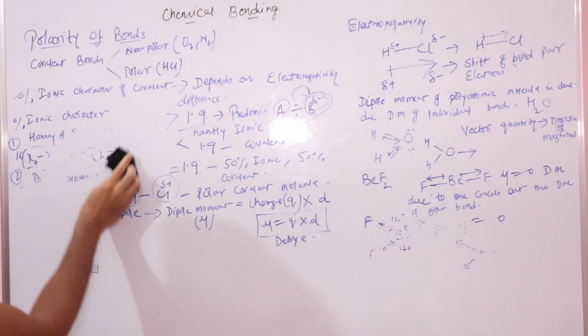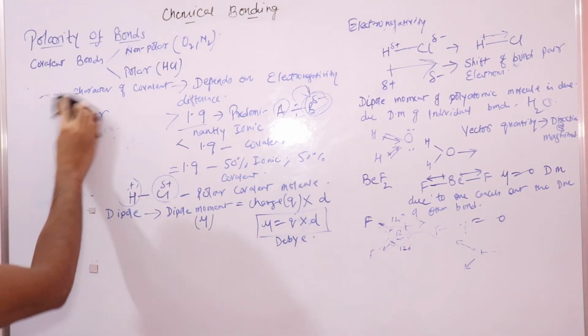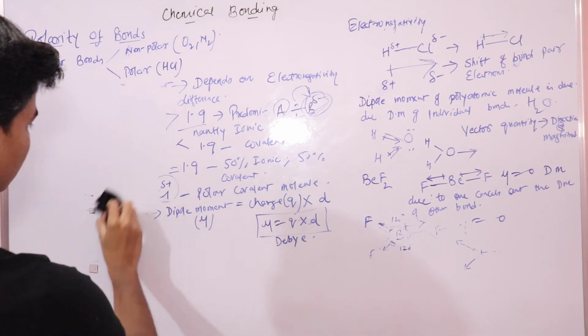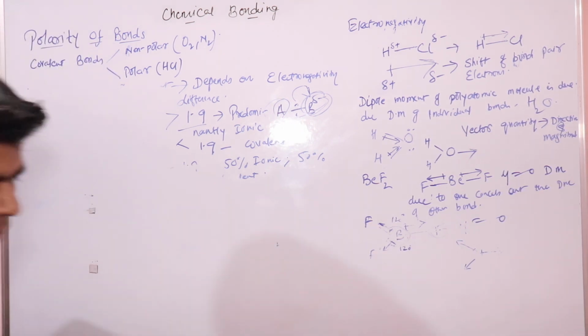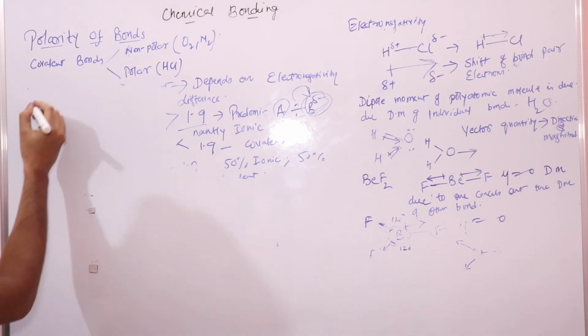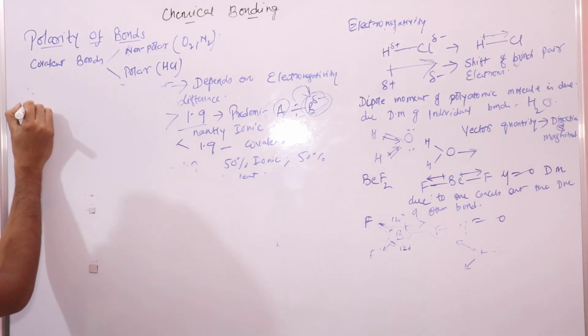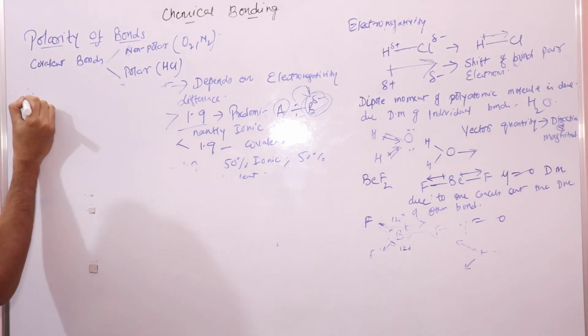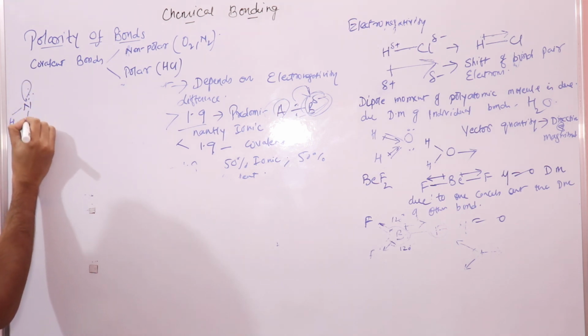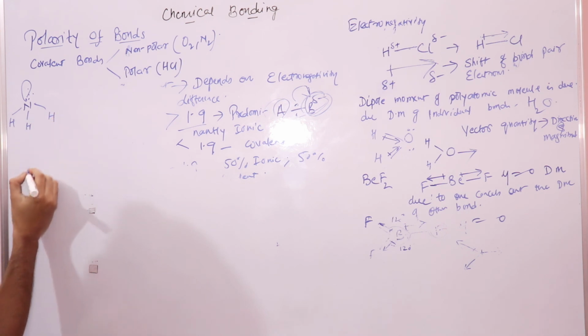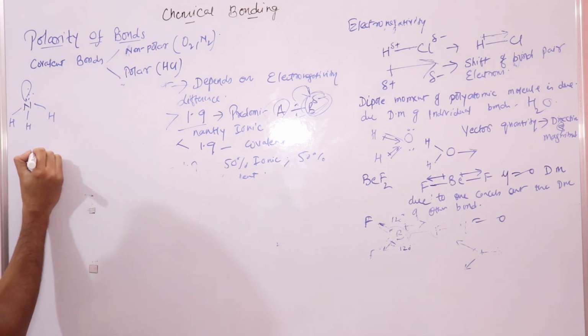Let's quickly look at two molecules, ammonia and the NF3 molecule. Ammonia is represented like this. There is a lone pair here which is represented like this. Then you have NF3.